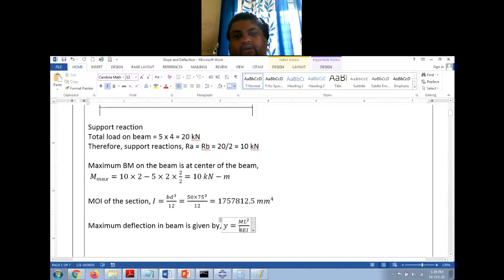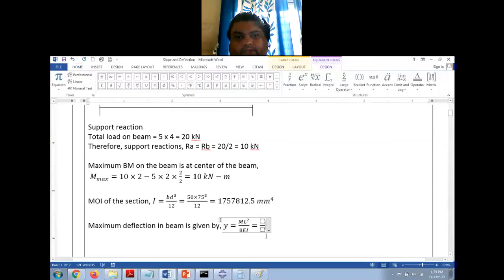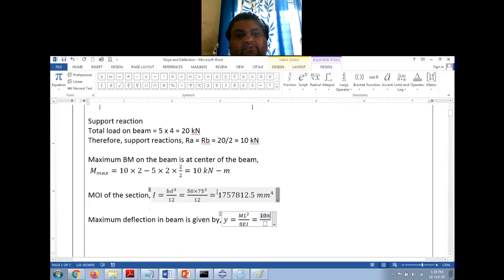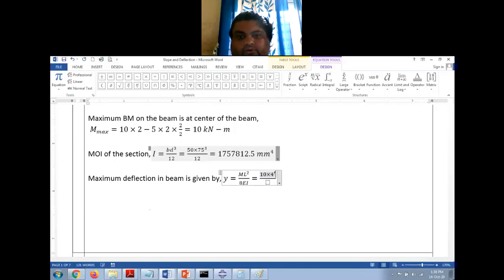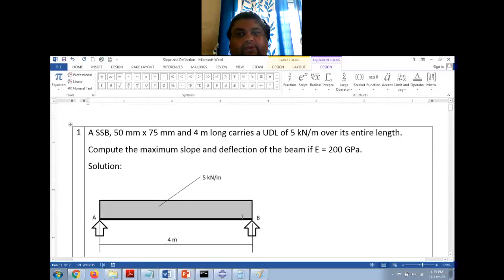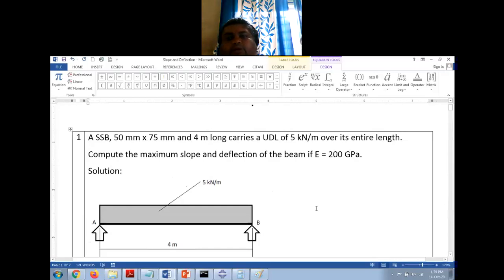Now you have to be careful in the units, right? So this is equal to, m is 10, so I'll just put 10 into L square. Now what is L? L is the total length of the beam, which is 4 meter. So it is 4 square by 8 into E. Now what is E value? E is 200 gigapascal, right?